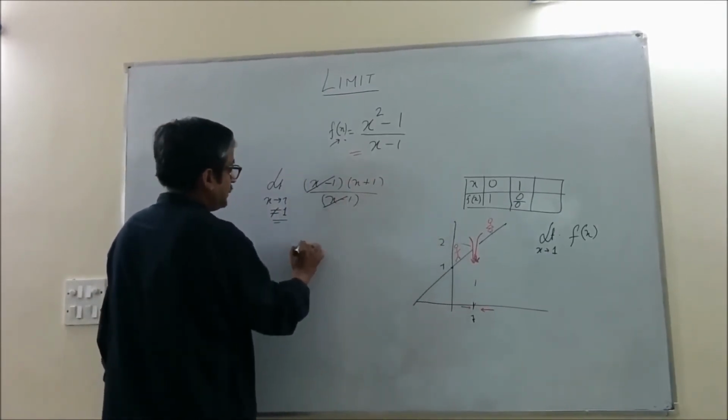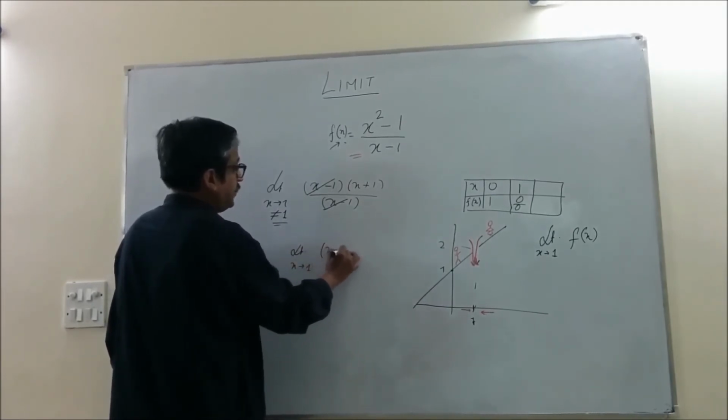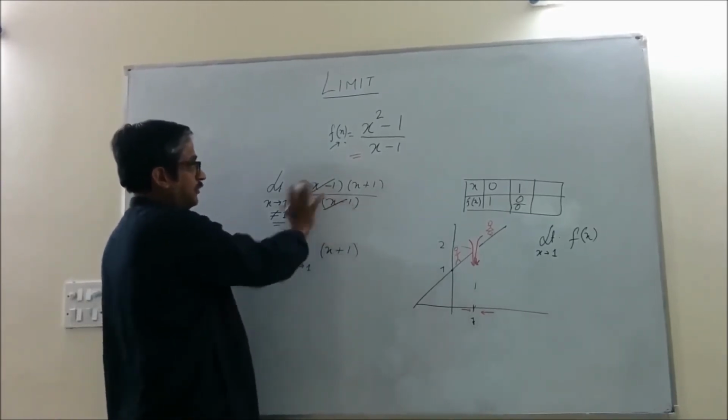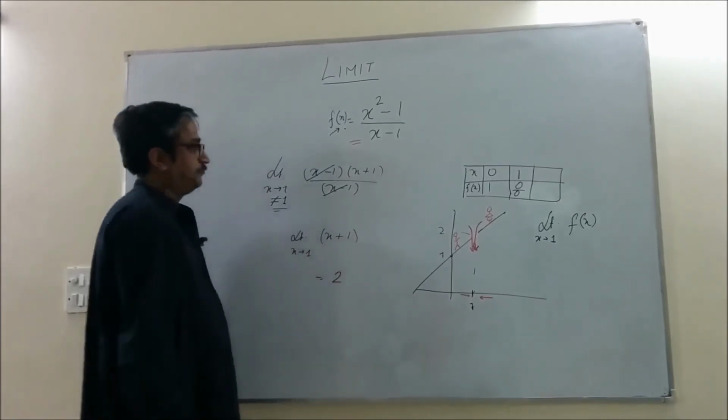Now once that is taken care of, the huge hole is being taken care of, I am avoiding that hole. Now I can just put the value, and that is 2.